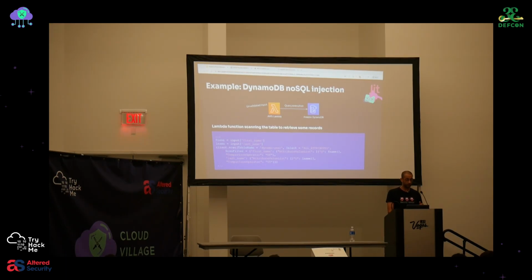This is a very innocent function which gets two parameters and then scans through a DynamoDB, right? Very simple and also naive. You can see that if an attacker provides a wildcard for first name and last name, that's going to result in scanning through the entire DynamoDB table.